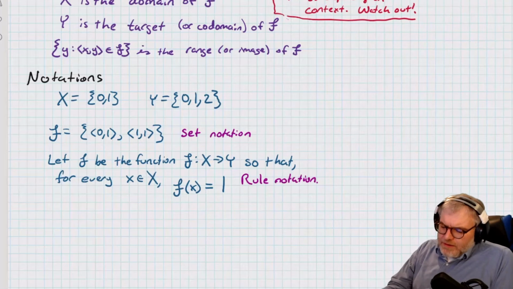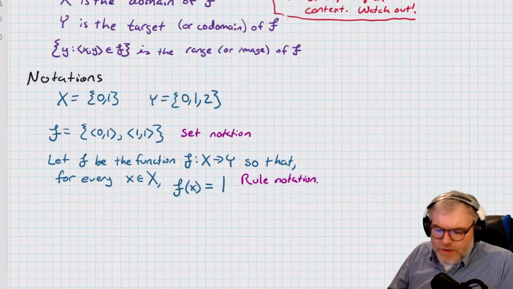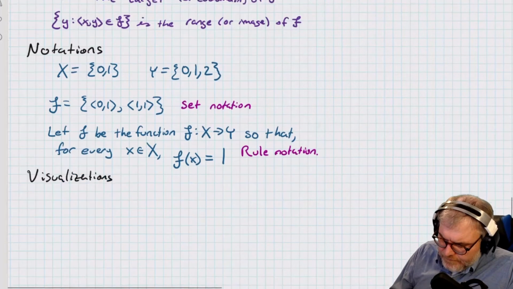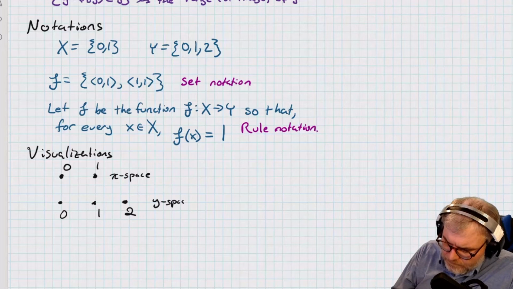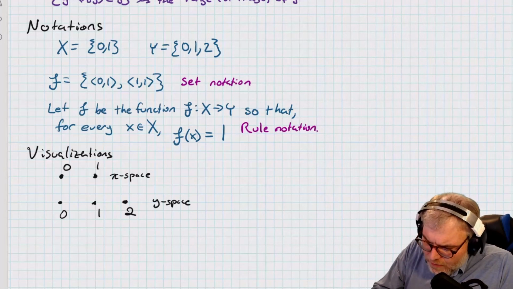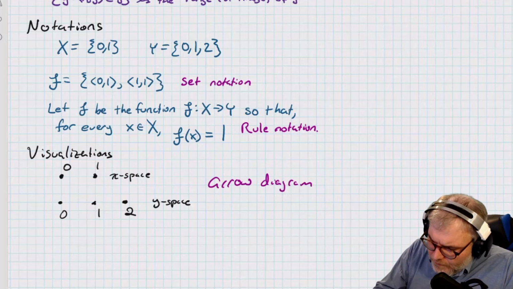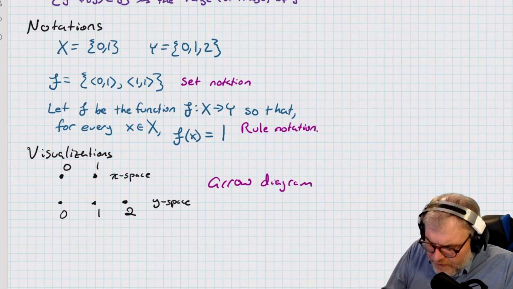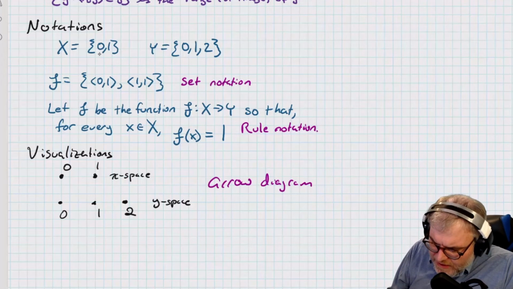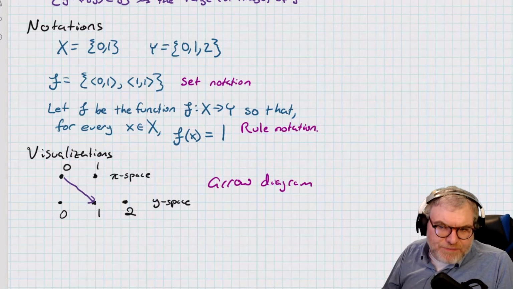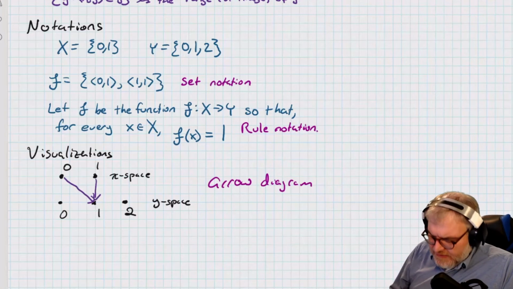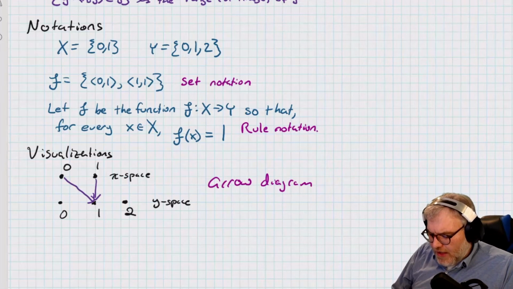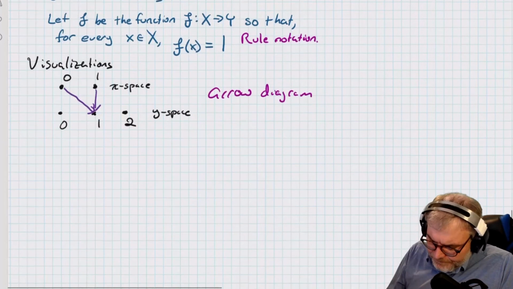Okay. Now, I can also do some visualizations here. This is called an arrow diagram. Here I'm just going to visualize where each one goes. So 0 maps to 1. From the x space, I go to the y space. Again, the arrow is being used in a different meaning. And here, 1 maps to 1 in the y space. I could also do a graph.